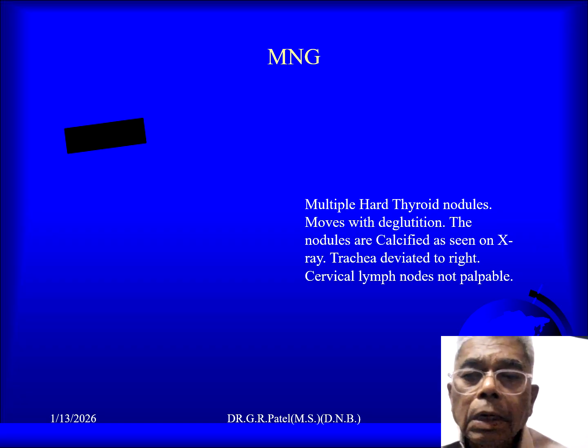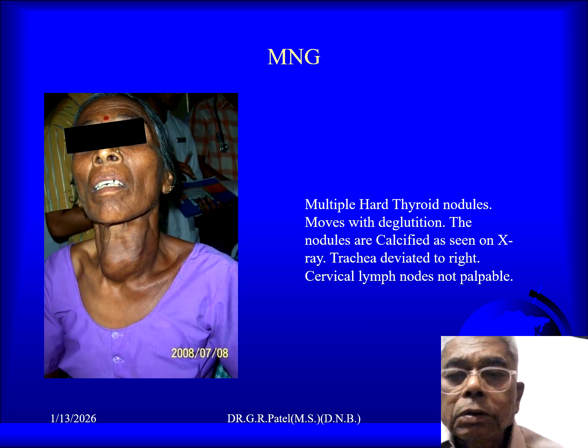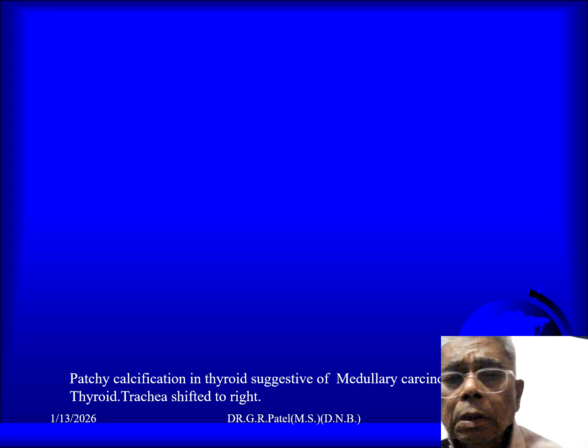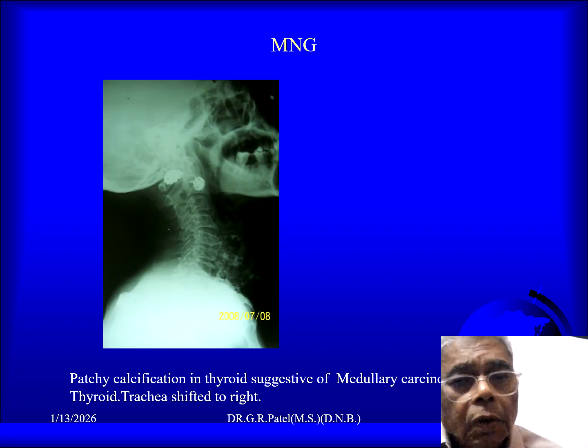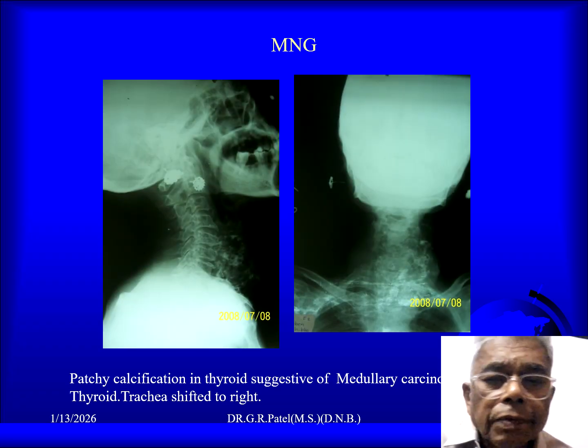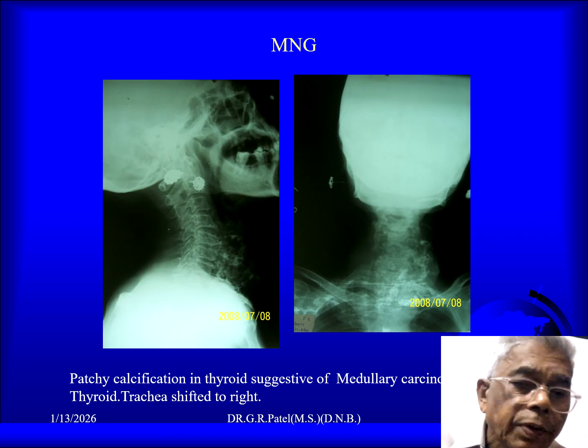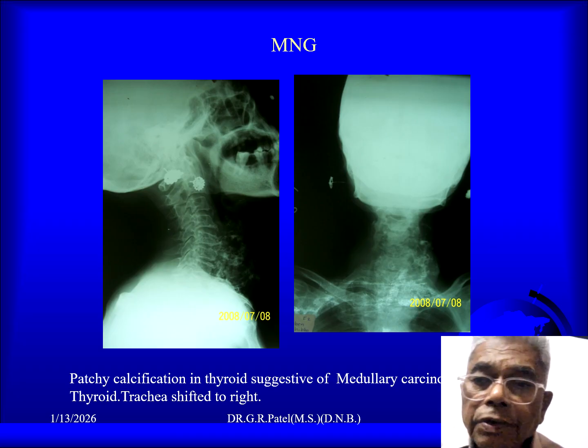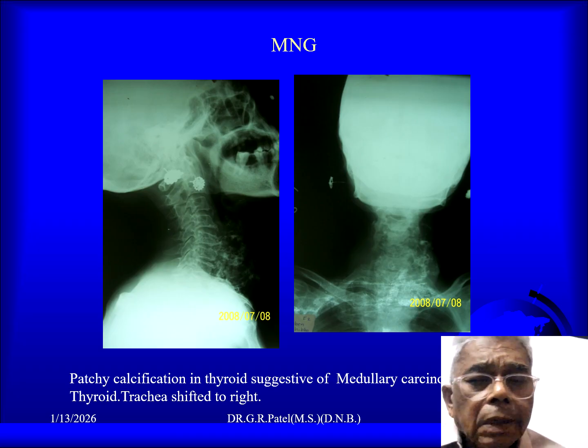The nodules are calcified as seen on X-ray. Trachea deviated to right. Cervical lymph nodes are not palpable. Patchy calcification in the thyroid suggestive of medullary carcinoma of thyroid. Trachea shifted to right.